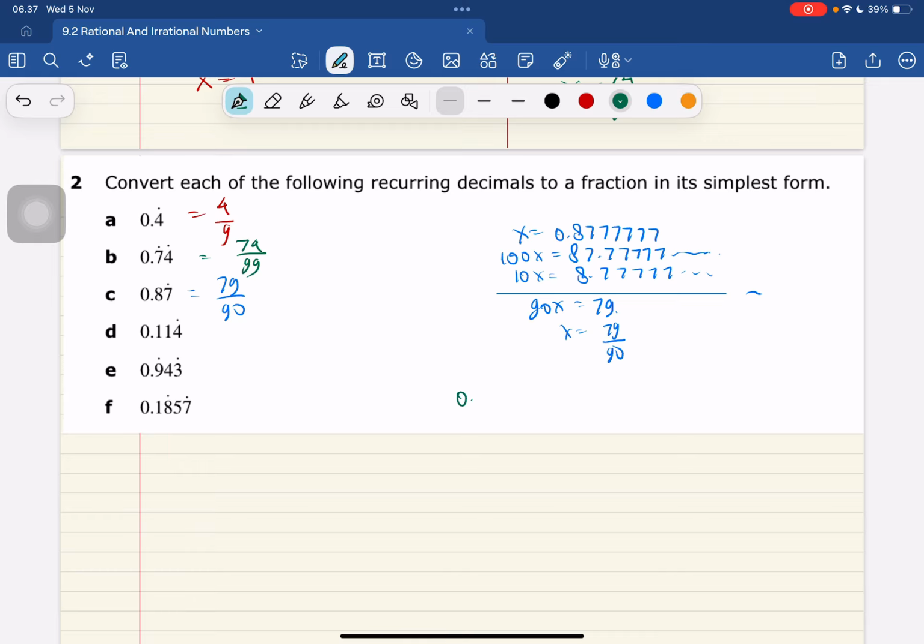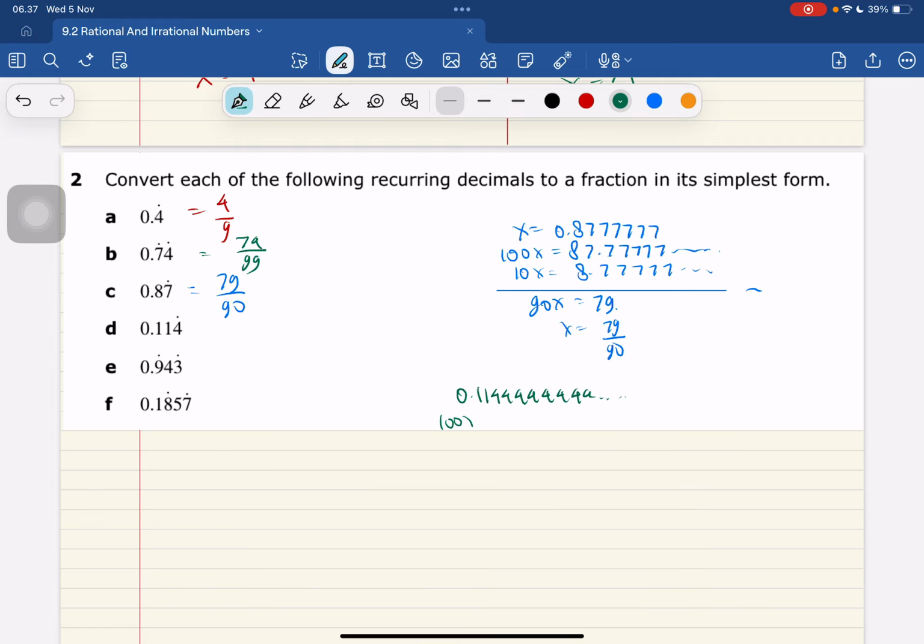D is 0.1144444444 unlimited. So let us make it, the repeating decimal number is only 4. So we can multiply it by 100x, so that equals 11.444444 and 4.